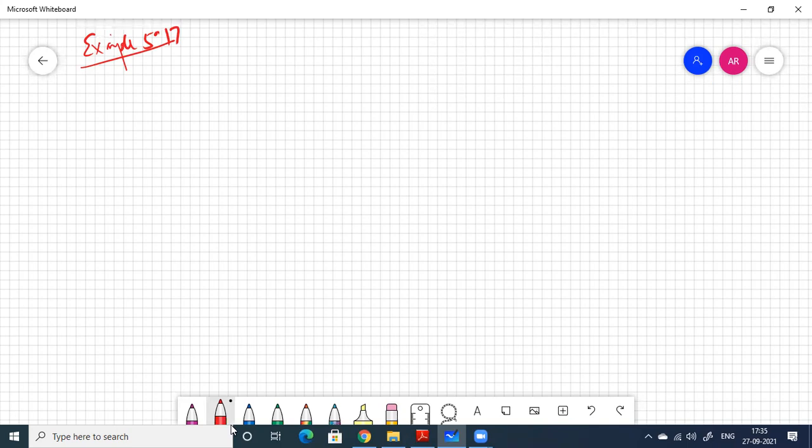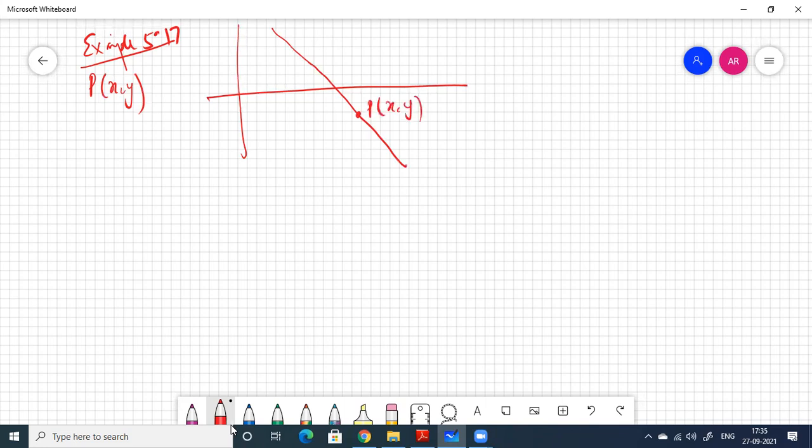So by section formula, P of x comma y. This point is x comma y. This is B, B is 8, minus 10. What is A? A is 3, 5. Now that is all given.